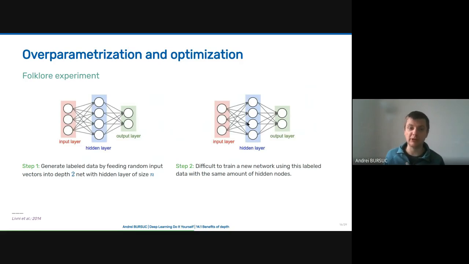So this is just to say that overparametrization, meaning having more parameters than I actually need, although it doesn't seem like a good idea if you follow traditional machine learning, has actually been shown in deep learning to help train your models easier and faster. So that's what we've seen in practice, that it's a lot easier to do that.